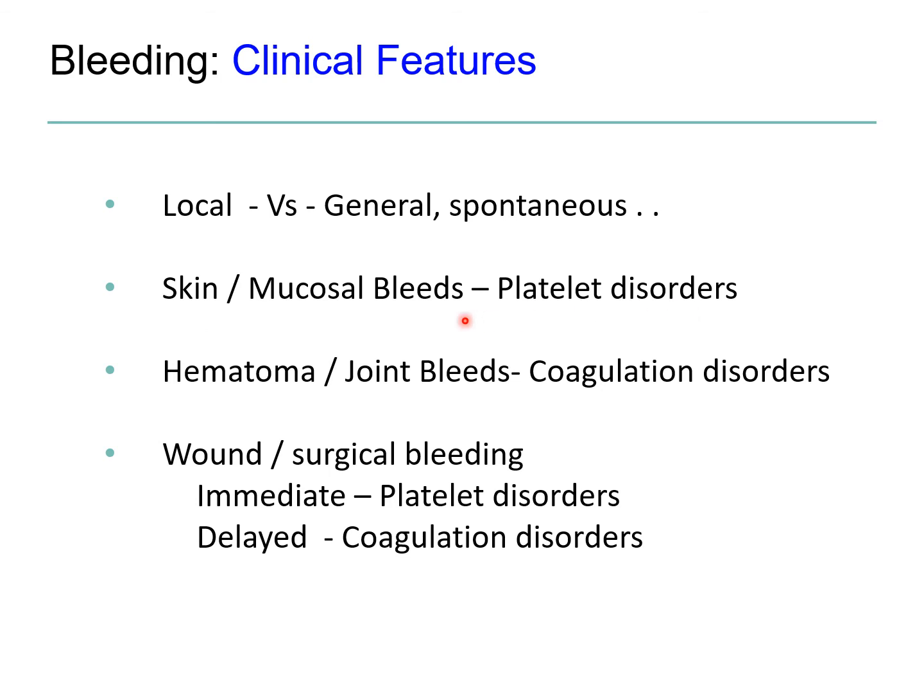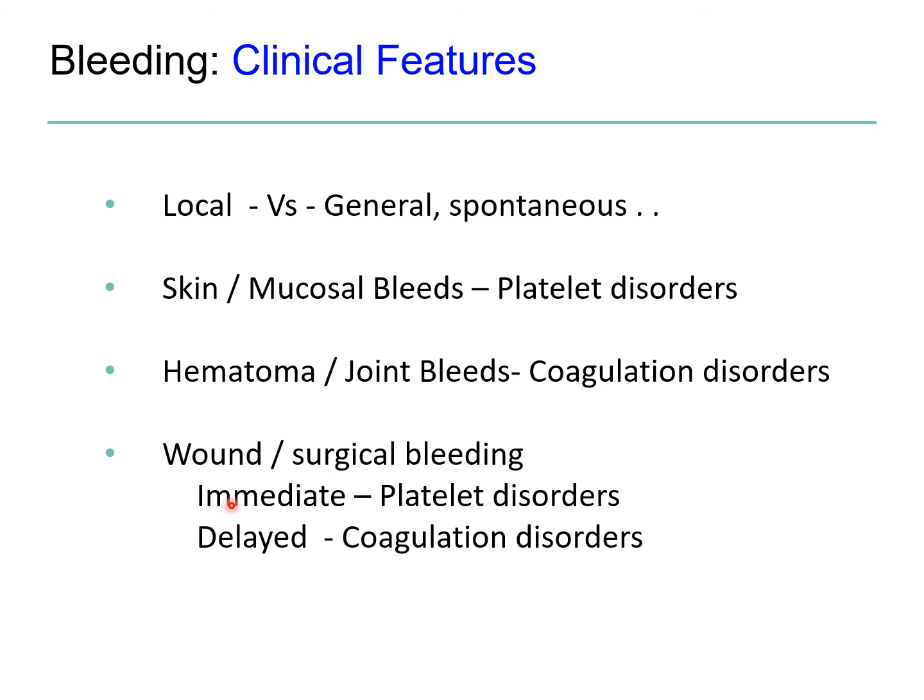Platelet disorders generally present with bleeds in the skin and the mucosa, so the bleeding is more superficial, whereas with coagulation disorders, bleeding is deep in the joints, muscles, or internal body organs.